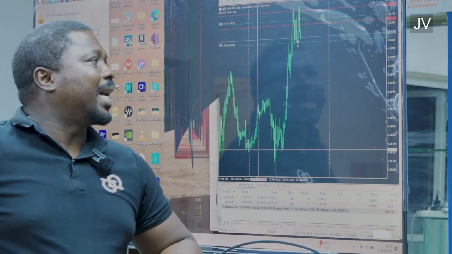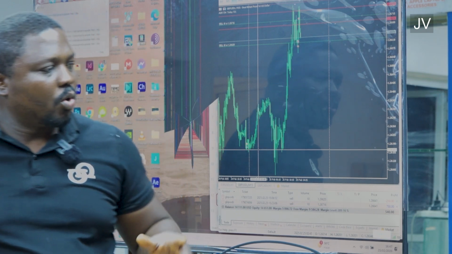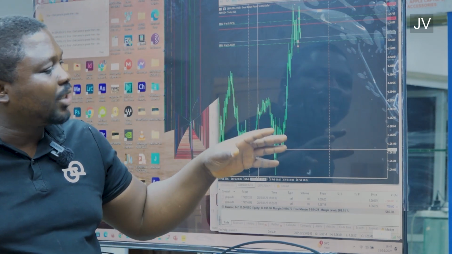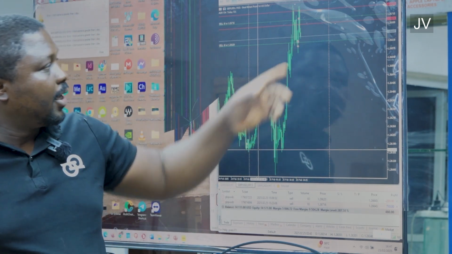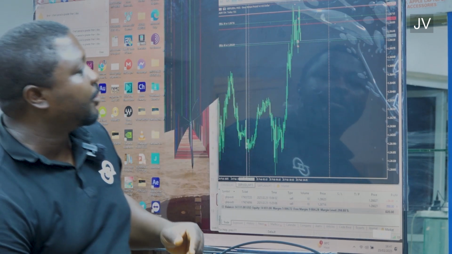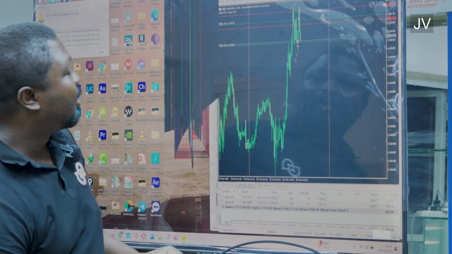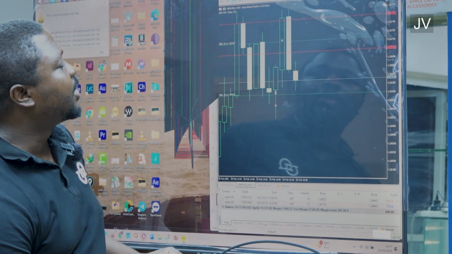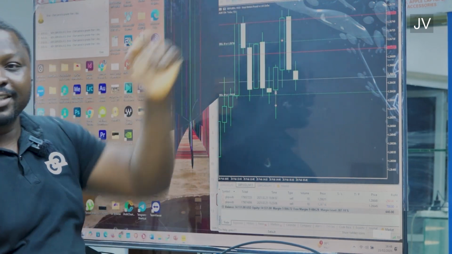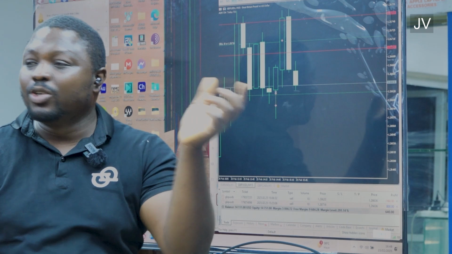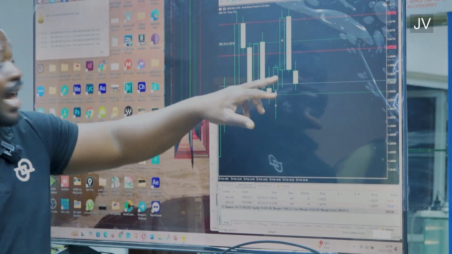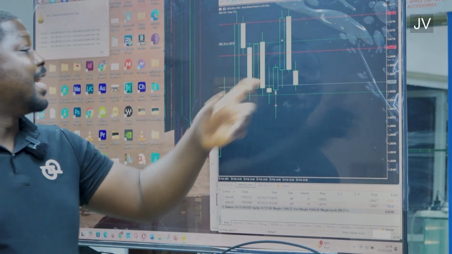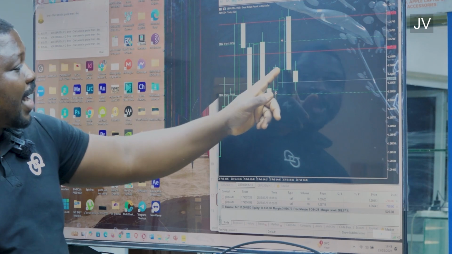So now, let's look at it. What do you think will happen? Do you see this candle here? Let me show you something now. See this candle here? This is a candle of selling signal. These two candles here, one, two, it is a selling signal.